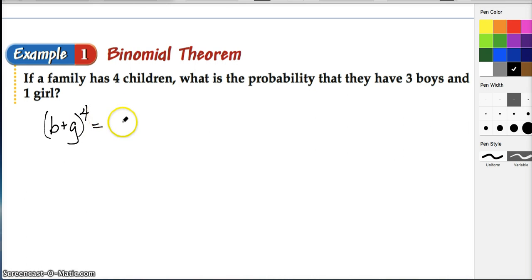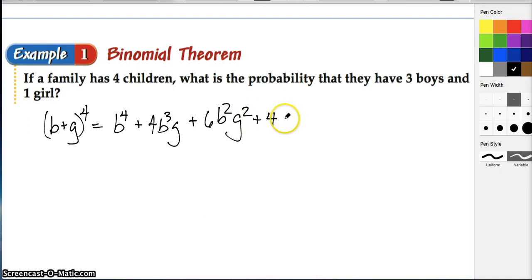So we would consider the expansion like this. You all remember from Chapter 11 how we can expand binomials, so I'm just going to write this down. Then this matches the probabilistic situation.